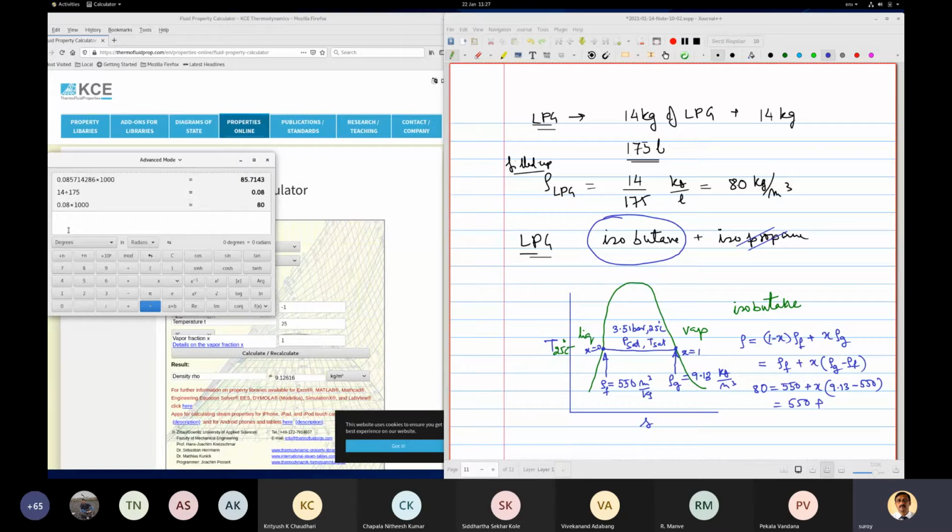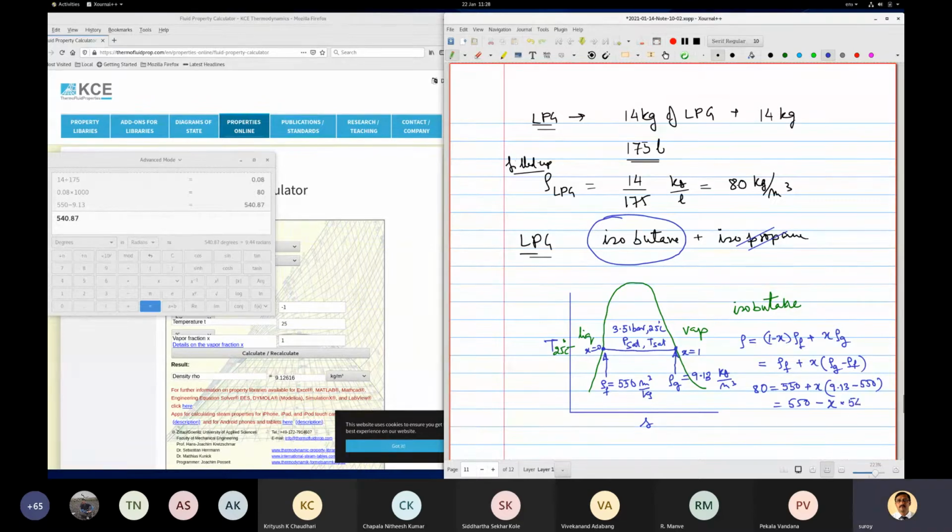So ours is 550 minus 9.13, right? So 540.87. So here what we get is 550 minus x into 540.87 equals 80.